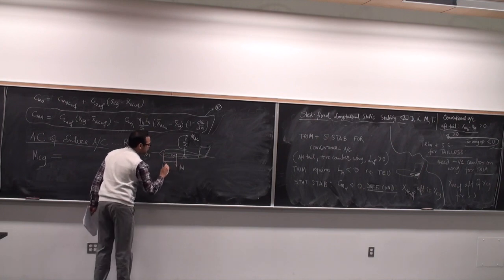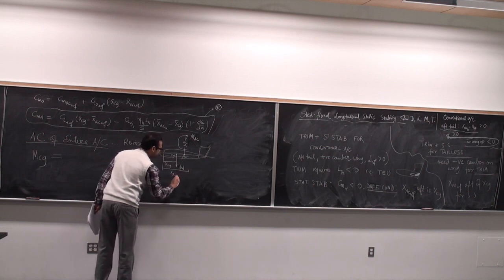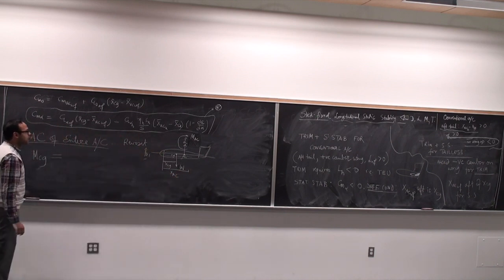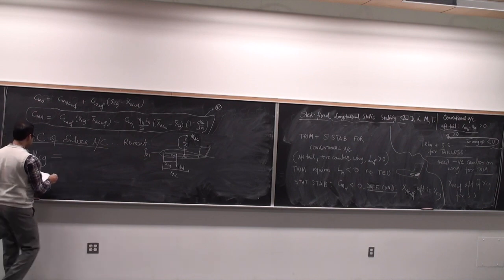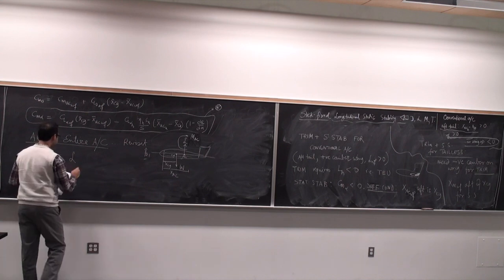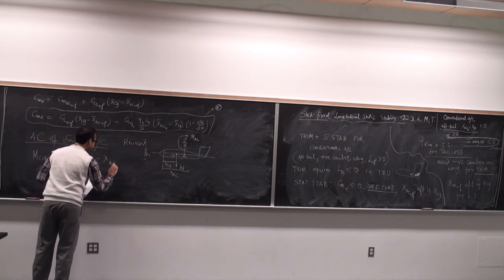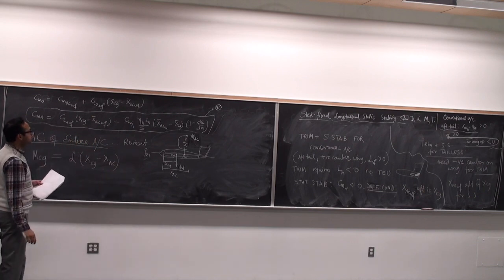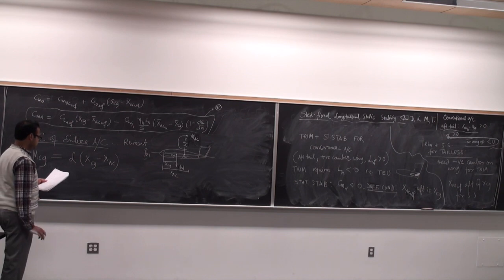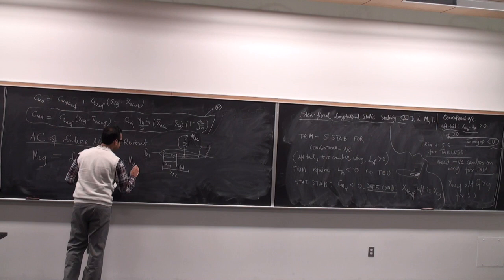So this is XCG and this is XAC. Okay? So from this picture, the moment on the aircraft is lift times (XCG minus XAC) plus the pure moment.